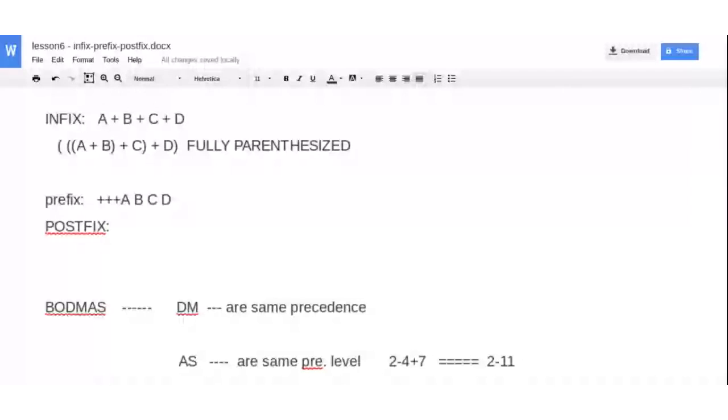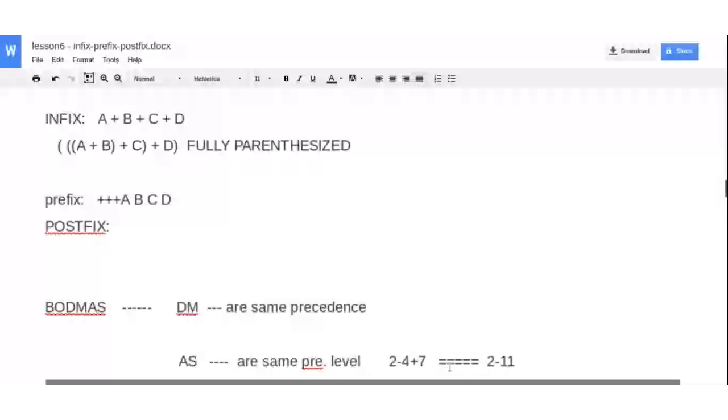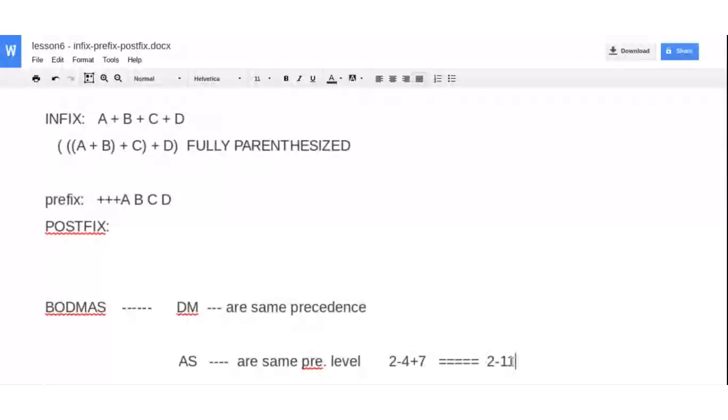If you say, okay, addition before subtraction, so I do 4 plus 7 first, this answer will be wrong when you complete your calculation.